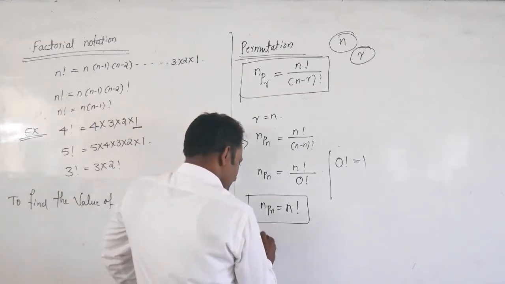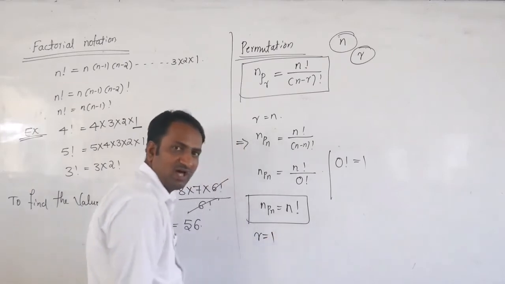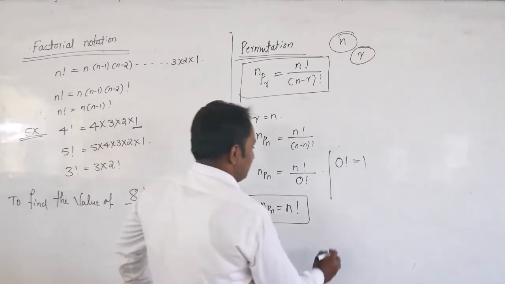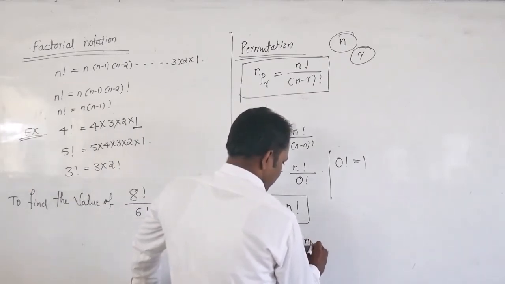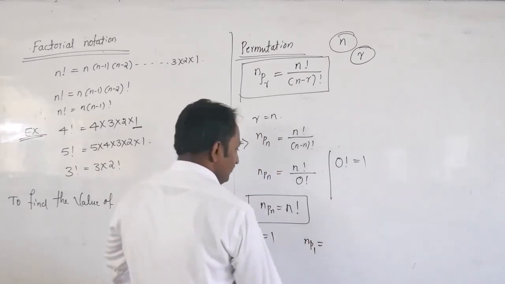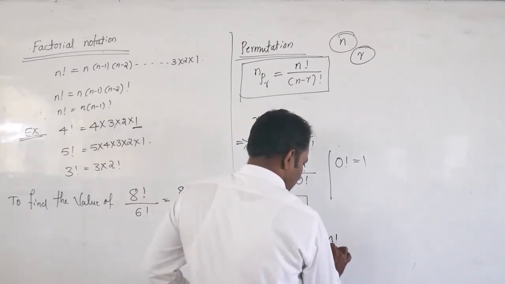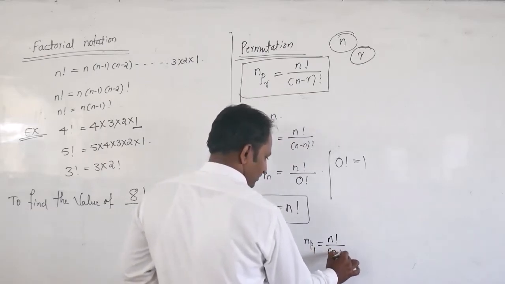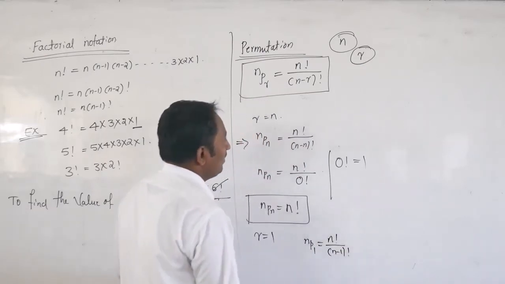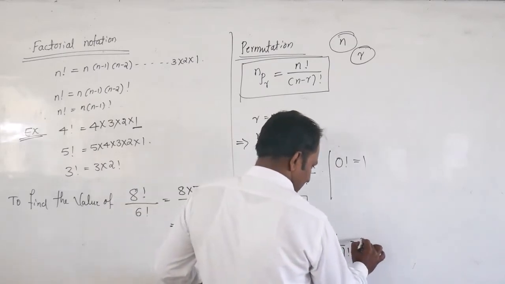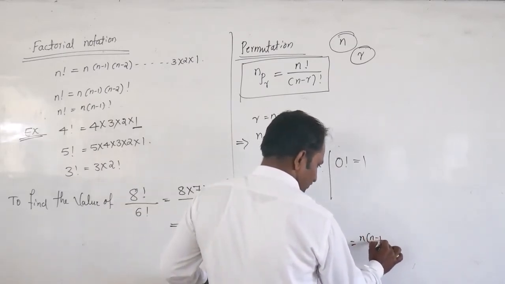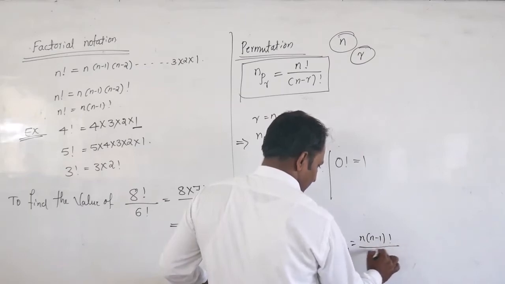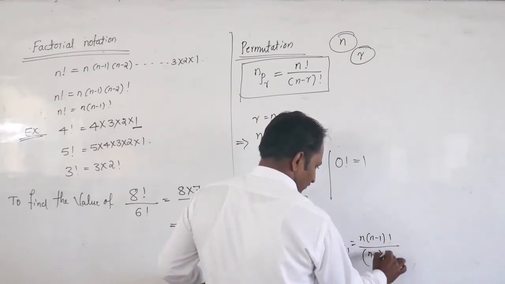And also, r changes to 1. That implies nP1 is equal to n factorial divided by (n minus 1) factorial. This is written as n into (n minus 1) factorial divided by (n minus 1) factorial.